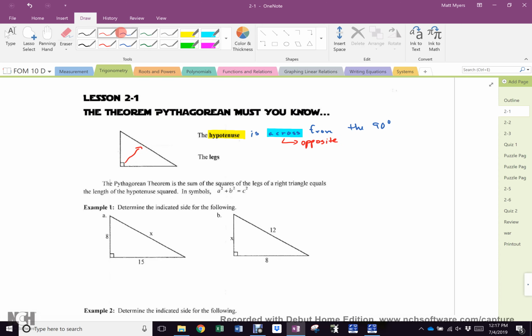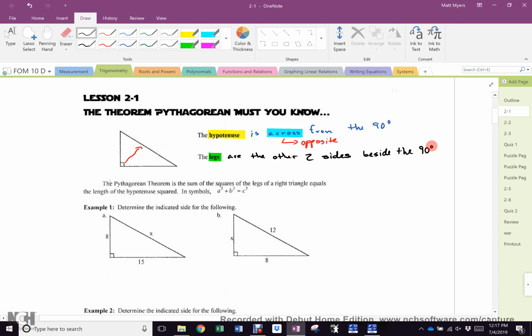All right. Now, the legs are the other two sides. And they don't matter. They are the legs, the other two sides, beside the 90 degrees.